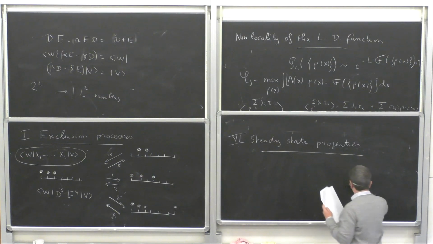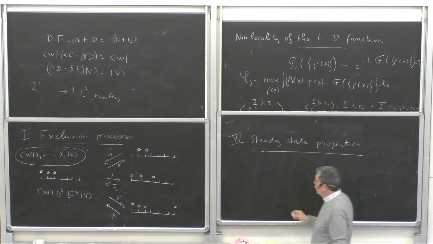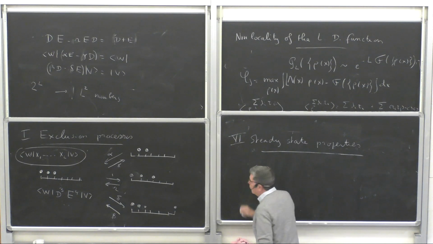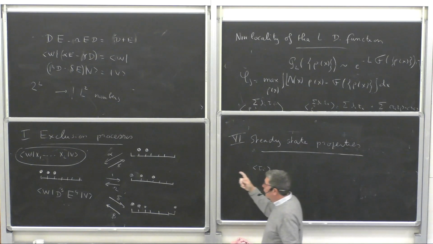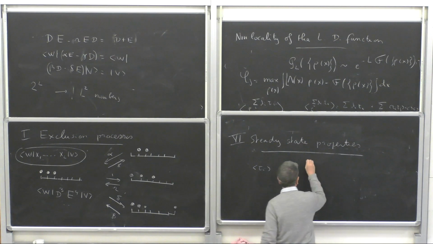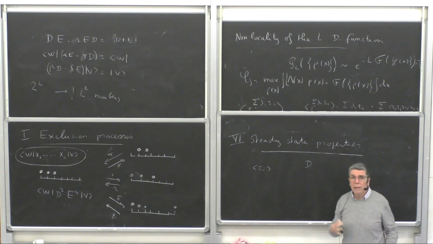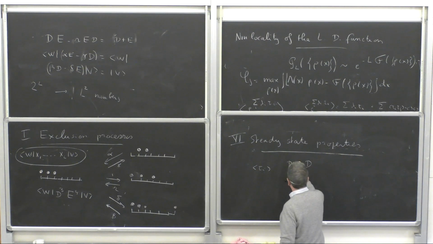Okay, so I want, for example, in the steady state to compute tau I. This means that I want the site I to be occupied, so I have a D at position I, and I don't care about what happens for all the other sites. All the sites before I, I don't care what they are.